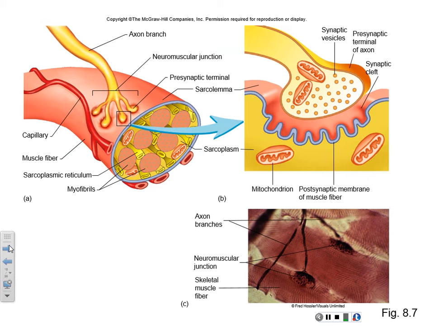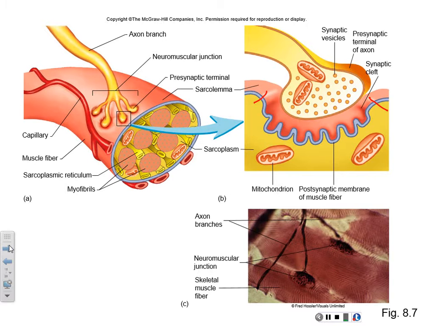So this is a picture showing the motor end plate, from here to there, because that's what has those ligand-gated sodium channels. And these are the synaptic vesicles. What are the synaptic vesicles carrying? ACh, acetylcholine. And then exocytosis. Remember when we did cells and movement and transport, we did exocytosis, so we know what that is already.